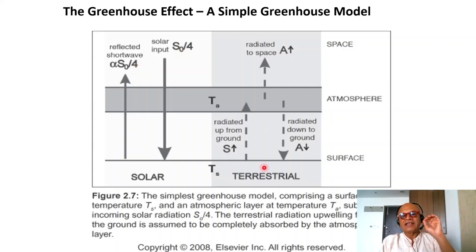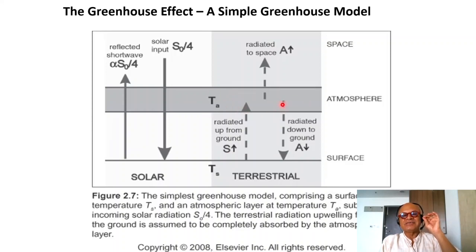But now the energy that is going from the surface is going to be intercepted by the atmosphere. The atmosphere, which is a greenhouse atmosphere, we are going to assume is completely opaque to the outgoing long wave, or thermal energy, or the heat energy coming from the surface. So it's going to absorb all of the thermal energy coming from the surface, and it's going to keep it and warm up to a temperature TA.